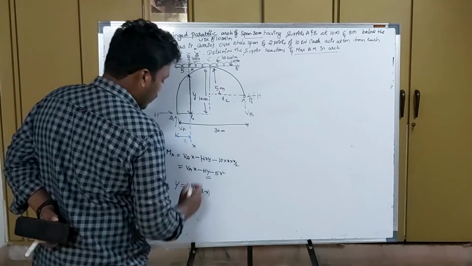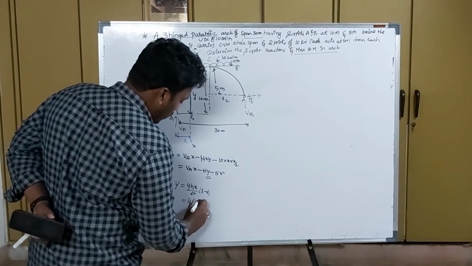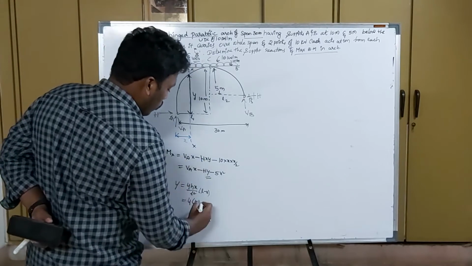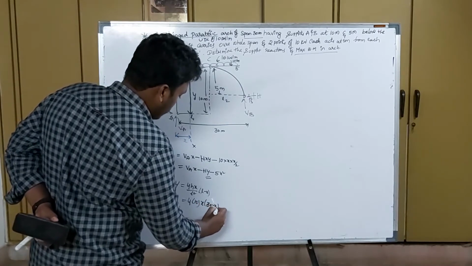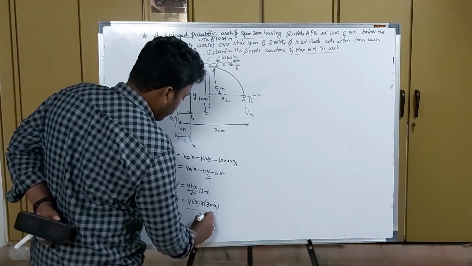So on this side, the rise is 10. So 4 into 10 with respect to x, which we don't know, and total span is 30, so x into 30 minus x by 30 square.